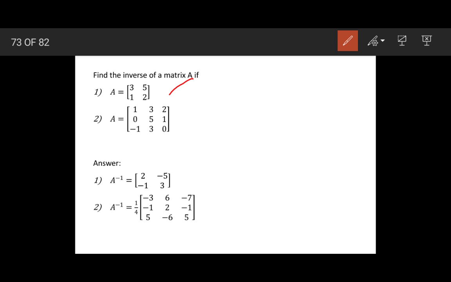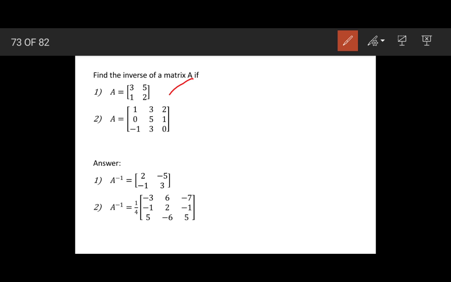Steps are, first step is finding the determinant of A. Second step is finding the cofactors of all the elements of A. Third step is writing the cofactor matrix, means P. Fourth step is finding the transpose of P matrix, right? That means adjoint of matrix A. And in fifth step, write down the formula for A inverse.